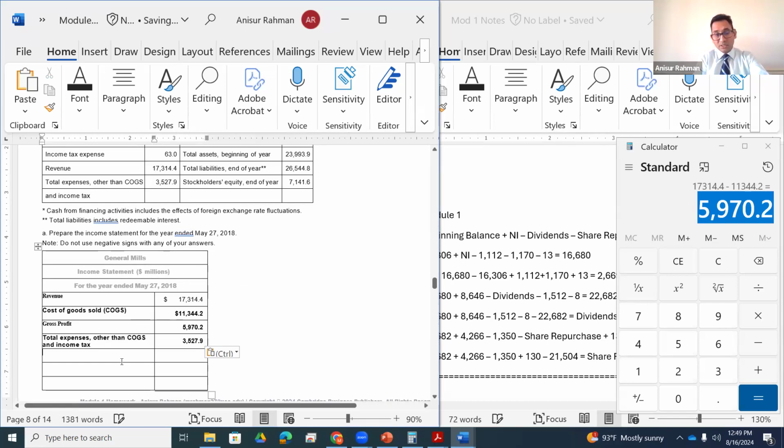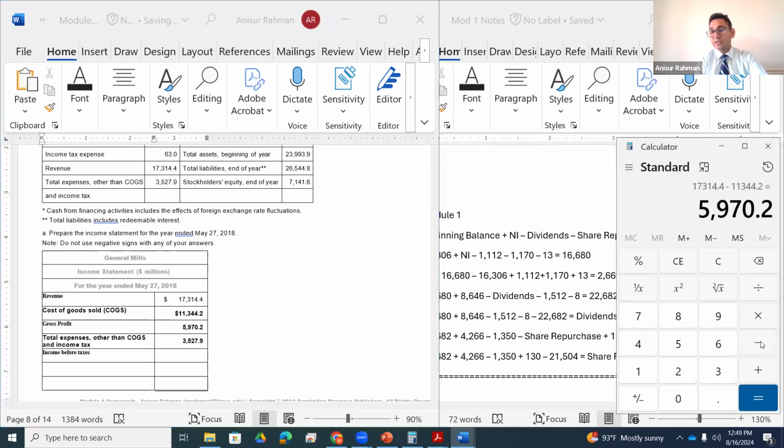If we subtract these total expenses, we'll get income before taxes. So let us do that. So minus 3,527.9.